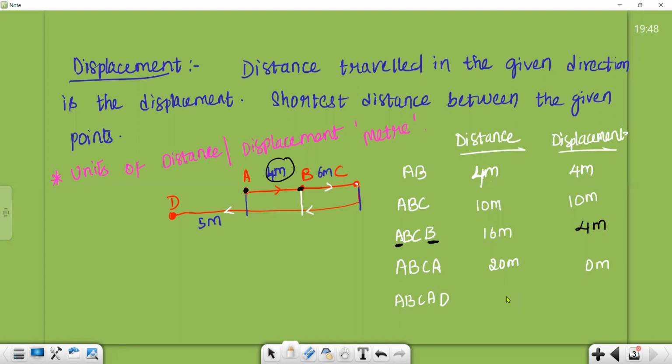See, if this is 4 meter, this is also 4, right? This is also 6, so this total is 10. This total is 10, and 25 meters. Yes, the distance is 25 meter.